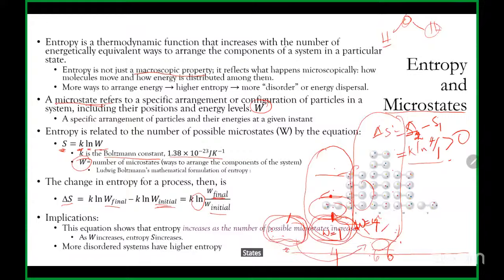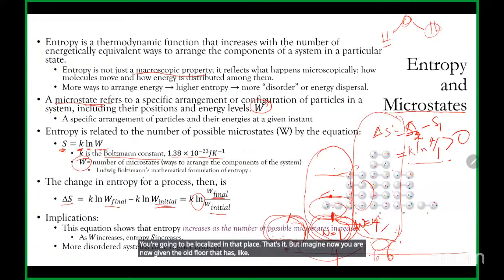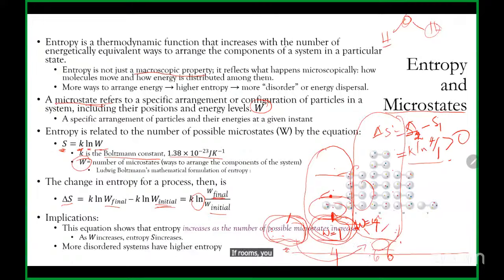Let me bring it to the real world. Imagine as a human being, you can only stay in a one-bedroom apartment. You're going to be localized in that place. But imagine now you're given a whole floor that has like 5 rooms. You can now move around.